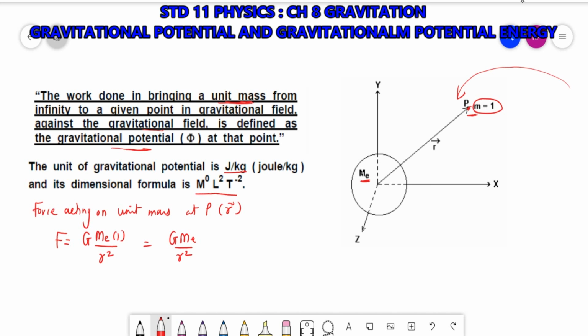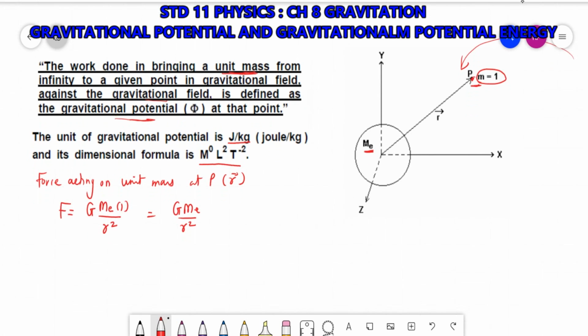Now, if I displace this mass by a very small displacement, let's say the work done in moving the mass by small displacement dr, we move this by a small displacement dr in that direction.